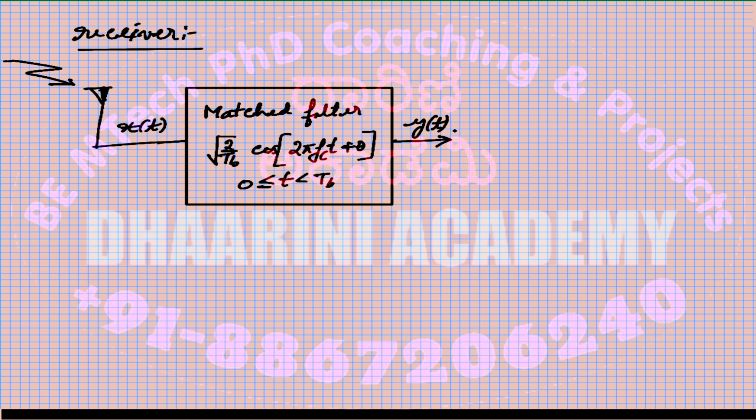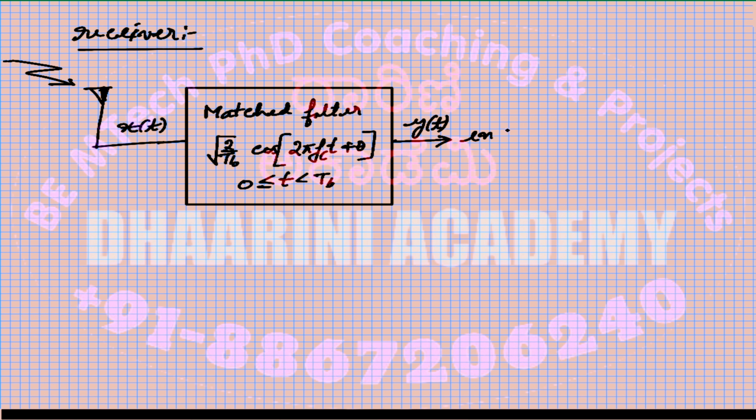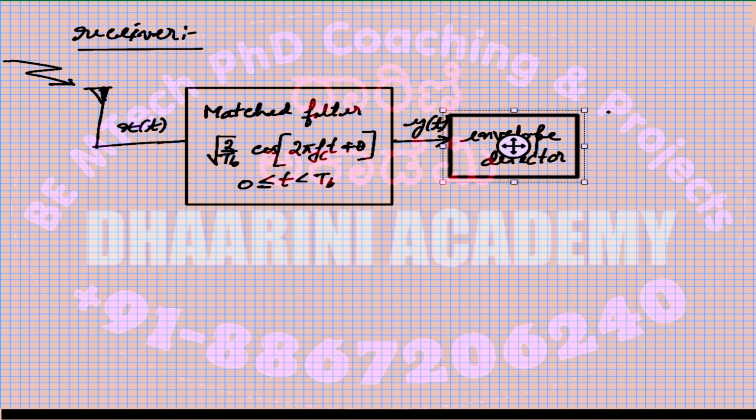Now the y of t has to be passed through another circuit that is called an envelope detector. It will pass through an envelope detector to get the envelope of the signal being detected.